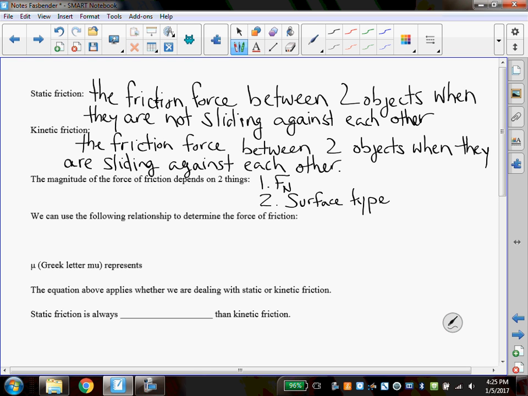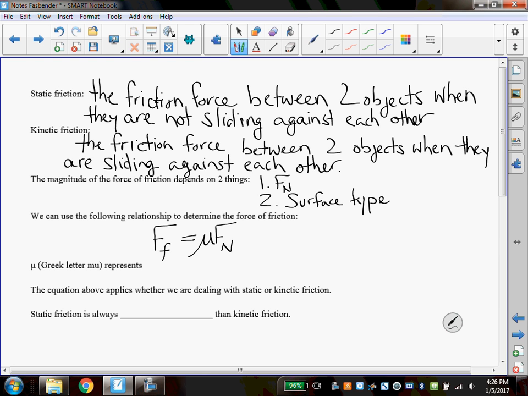When we think about these two things, they can come together and be expressed as an equation, and that is the equation that we found out of your lab. The force of friction is equal to the coefficient of friction multiplied by the normal force. Now, if you notice, on the right-hand side of the equal sign, there are two things.